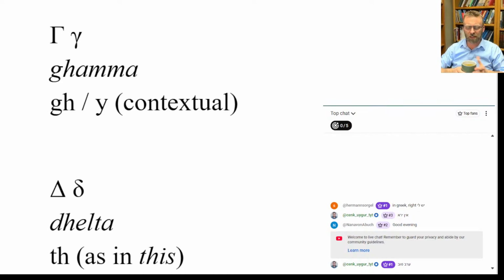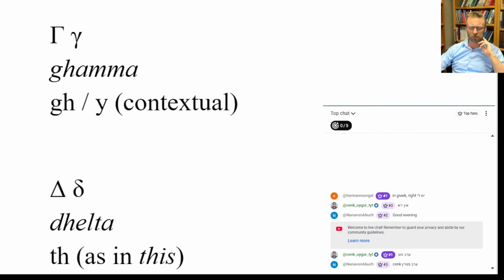Let me take a minute just to talk about the letter Dalet in Hebrew, which corresponds to Delta. In ancient times, I'm going to say in the time of King David for now, up till about the time of the Babylonian exile, it would seem, the Hebrew letter Dalet was always pronounced as a D, like in the word door, okay?